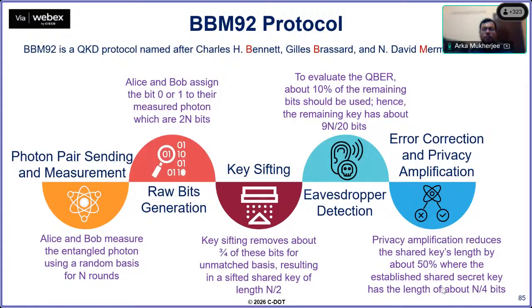Anything can happen, so noise will always be there. For QBER, there is a threshold. If the noise is above that threshold, we cannot generate a key. This threshold is 11% for this protocol, and if it is less than the threshold, we can generate the keys. But errors will always be there, so we need to correct those errors using LDPC or cascade type of algorithms.